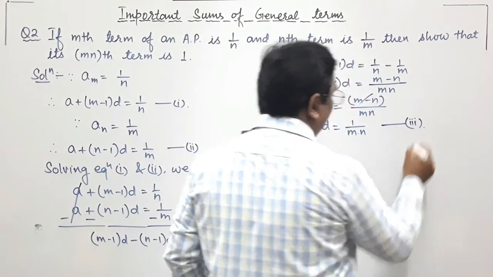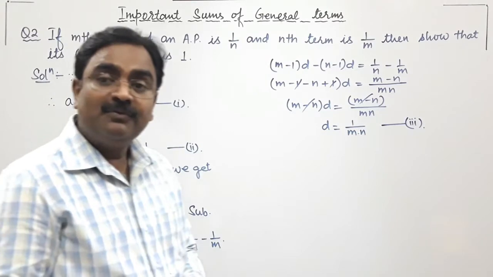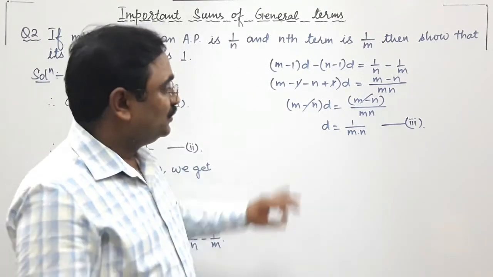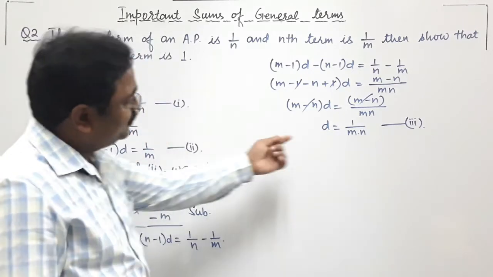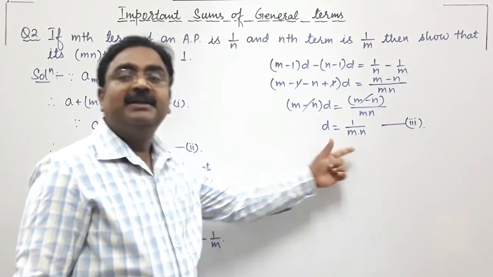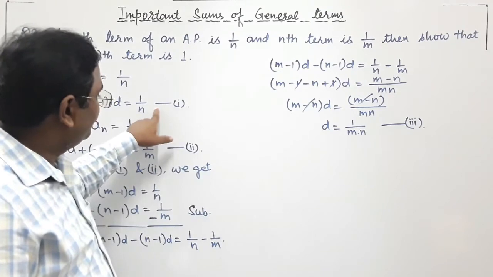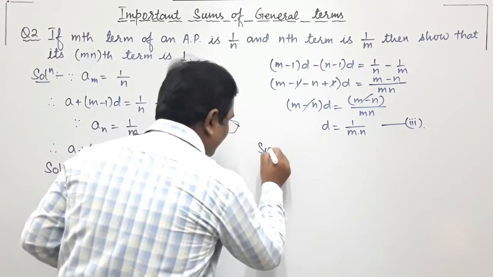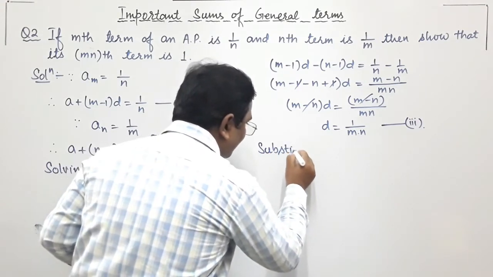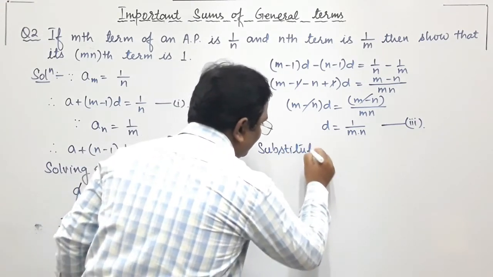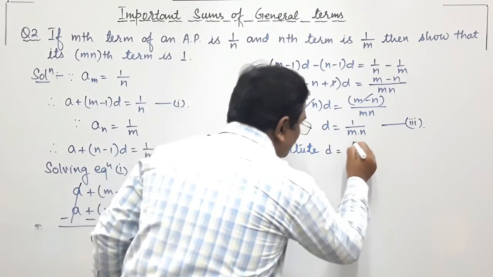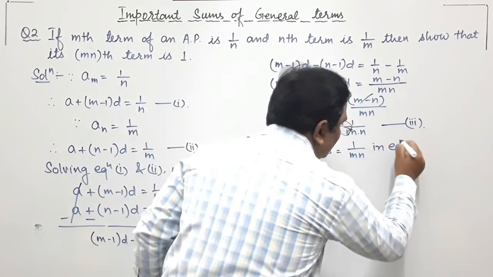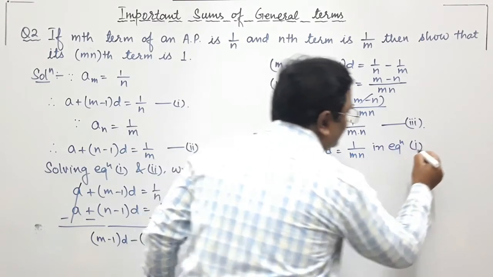We got the value of common difference d. Now we have to find the value of first term a also. To find the value of a, we have to substitute this value of d in any of the equations, either in first or in second. So substitute d equal to 1 upon mn in equation first.